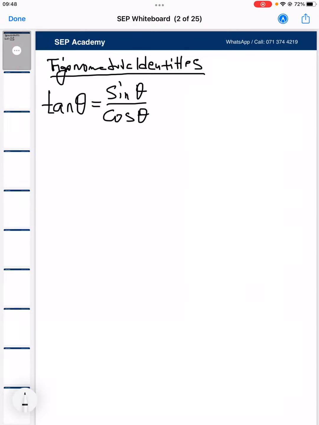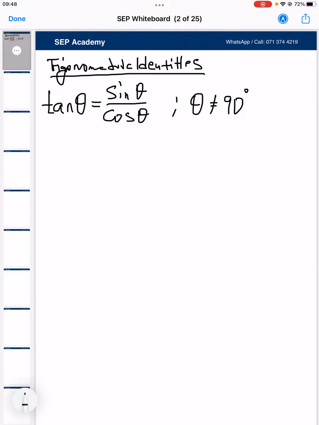I will definitely prove it to you just now. Most importantly, please be aware that if that angle is equal to 90 degrees, it doesn't apply. So that means the angle must not be equal to 90 degrees.